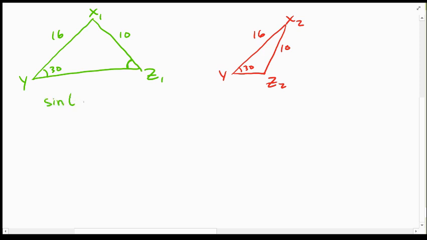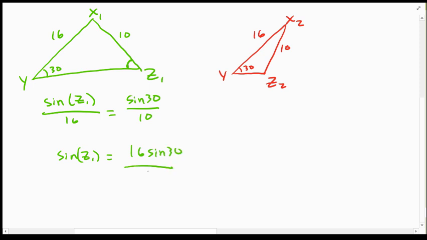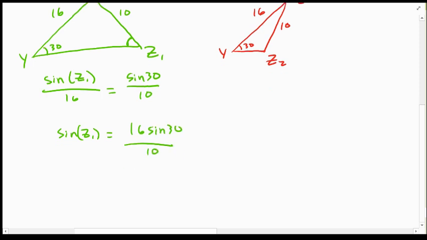So I take sine of z over 16 is equal to sine of 30 over 10. And then I'm just going to start plugging this into a calculator. So I multiply 16 to both sides, which gives me 16 sine 30 over 10. And then to get this angle by itself, I'm going to take the inverse sine of both sides.